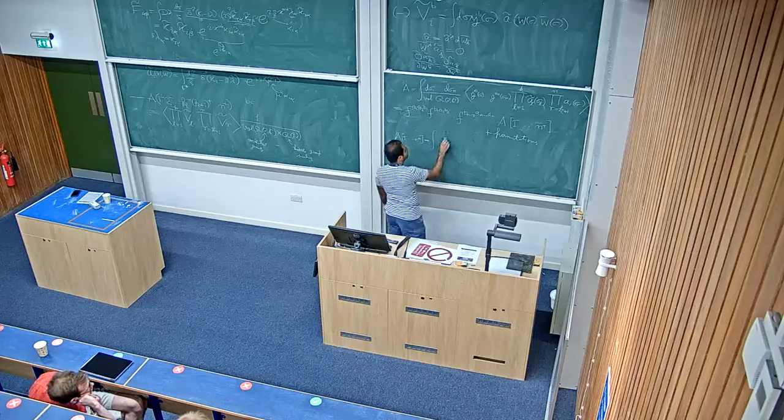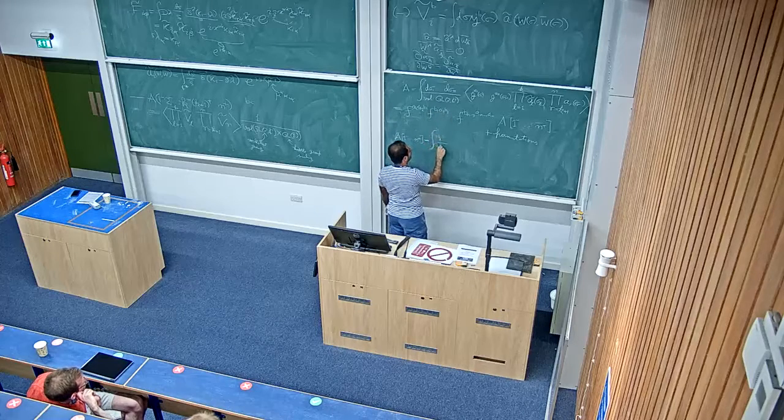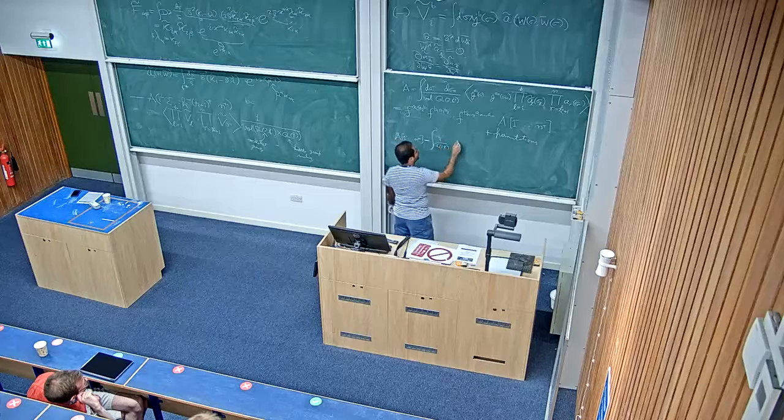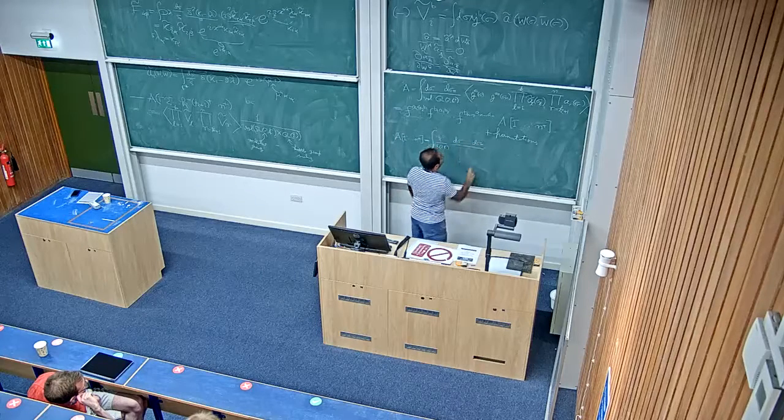So you get 1 over, let me just shorten the whole GL2C to 1 over GL2C, and then you have d sigma 1 up to d sigma n.